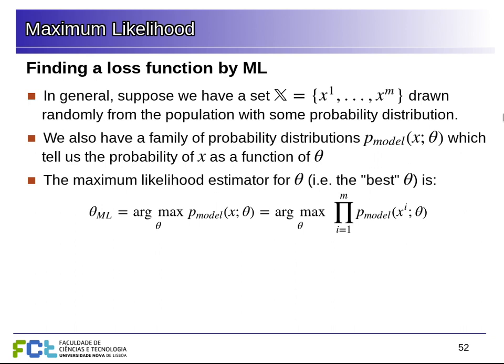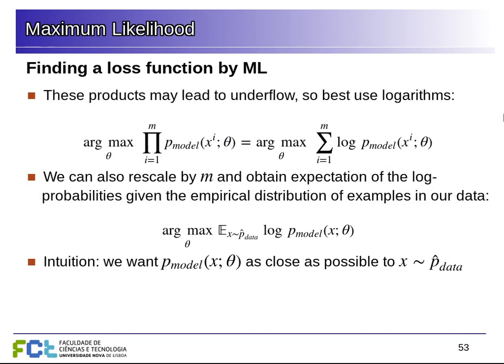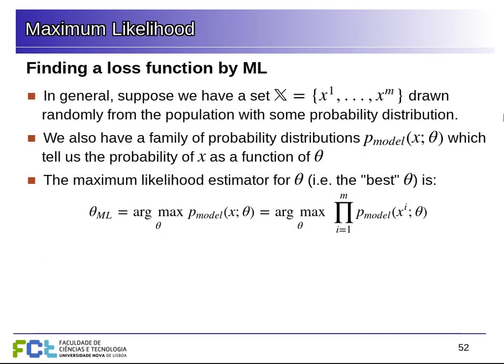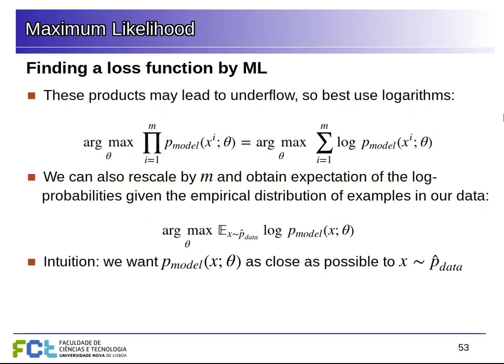So the maximum likelihood estimator for these parameters is the one that will maximize the probability of the data according to what the model is telling us. This would be the maximum likelihood estimator. So we usually don't use the actual product of the probabilities for all the data points. We use the logarithms and the sum.